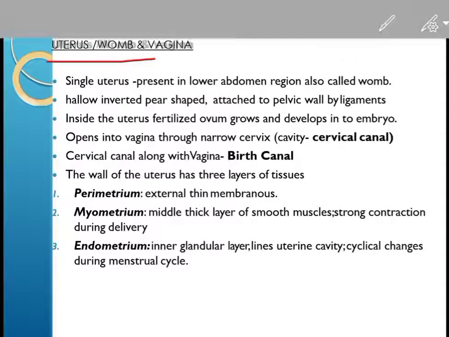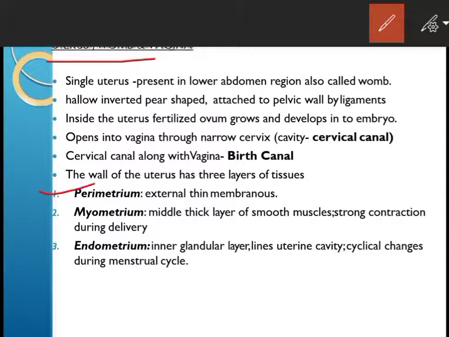Middle is the myometrium, a layer of smooth muscle fibers which contracts strongly during delivery of the baby. And the inner endometrium, a glandular layer with many blood vessels. It undergoes cyclic changes during the menstrual cycle.